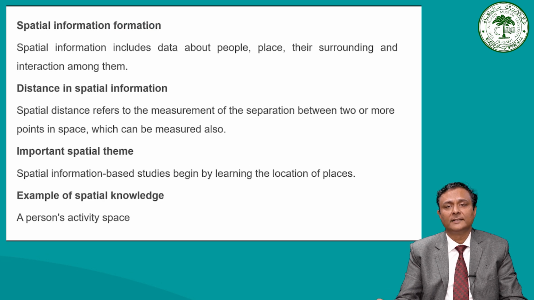So what does spatial information mainly consist of? I would say the spatial information can include data about people such as population, their income, the level of education which they have attained.